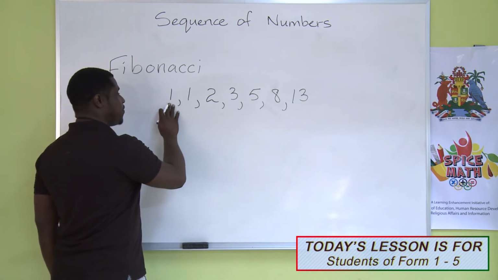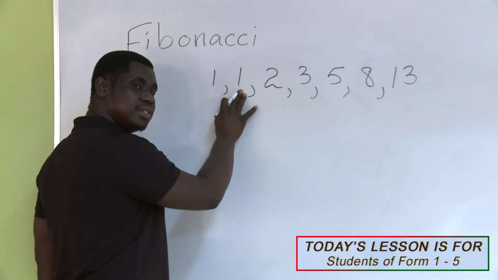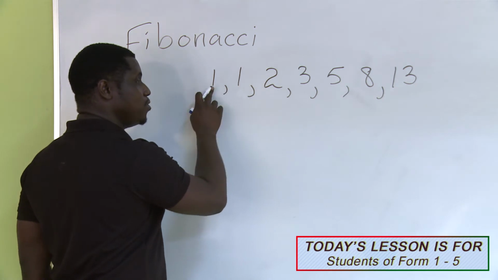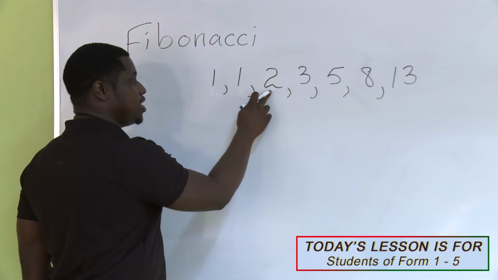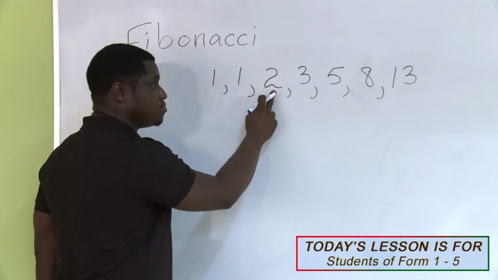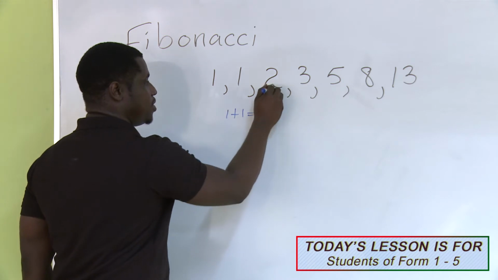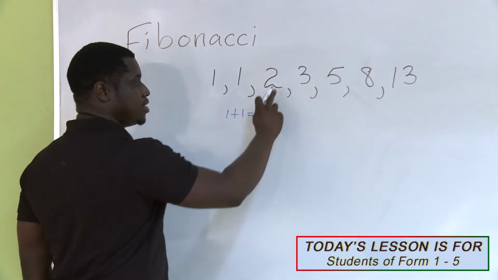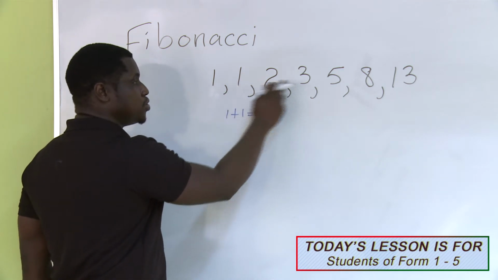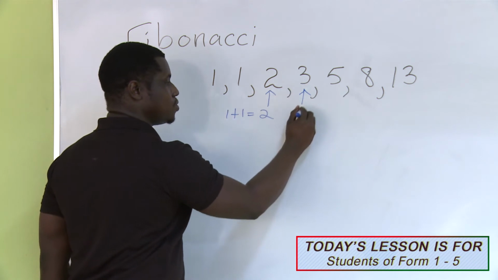So, if I'm beginning here from 1, they give me this term here as 1. Now, to get the next term, I have 2 previous terms here. So, to get the next term, I'm going to add 1 plus 1 gives me 2. That's for this term. And then to get the next term here, I'm going to add the 2 previous terms. So to get 3, I would have to add 1 plus 2.